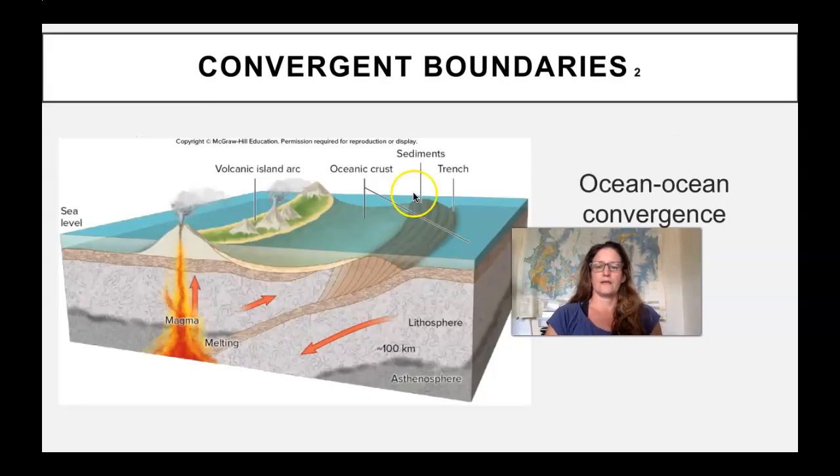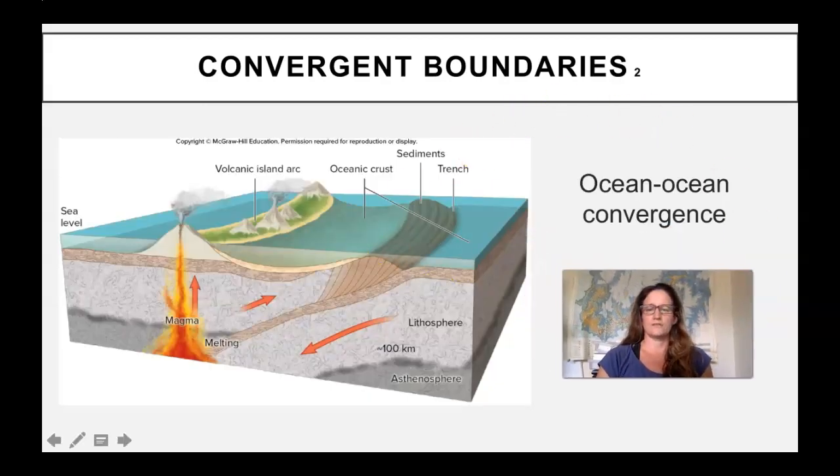Let's look at that. Here is an ocean-ocean convergence. So on the right is older oceanic crust. It's going underneath this younger oceanic crust on the left. When that happens, this fan-looking thing here is called an accretionary wedge.